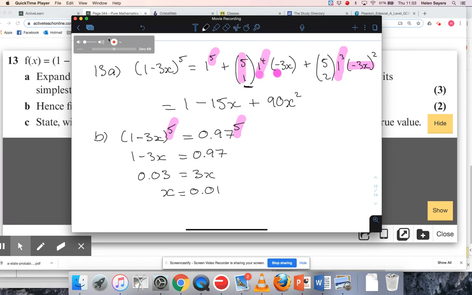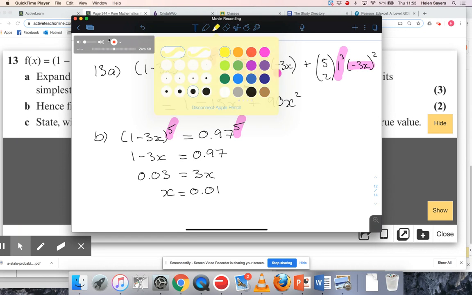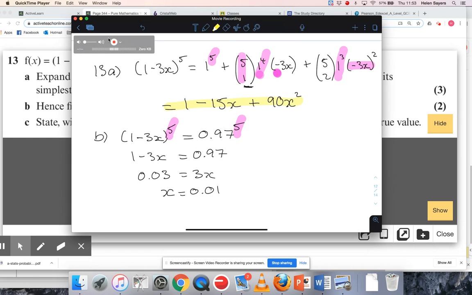So if I go back to my expansion, for this answer I could substitute x equals 0.01 in, without using a calculator.